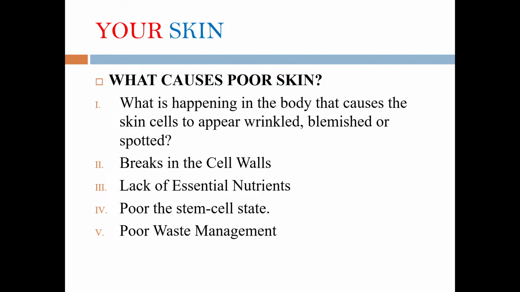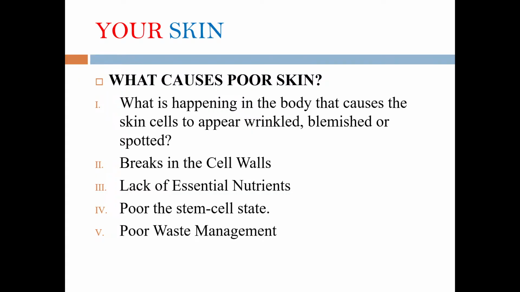Sometimes you have dysfunctional sebaceous glands. So what is happening in the body causes the skin to appear wrinkled, blemished, or spotted, or you witness broken cell walls or cell membranes, and nutrient deficiency.